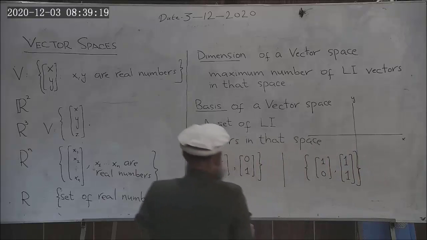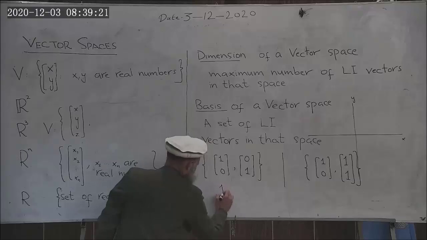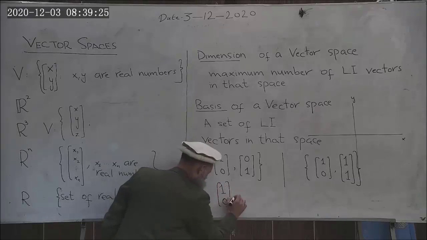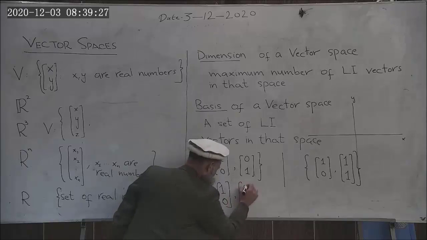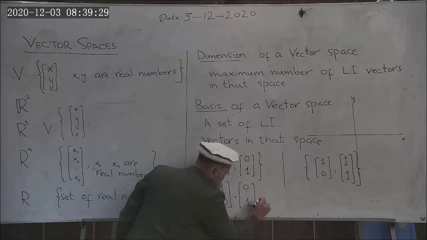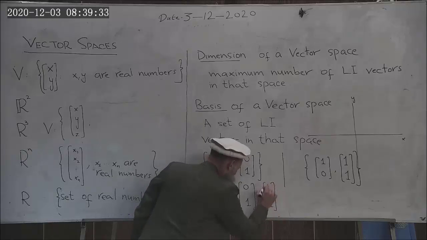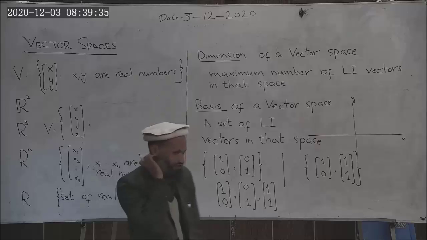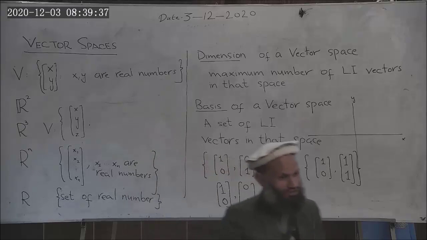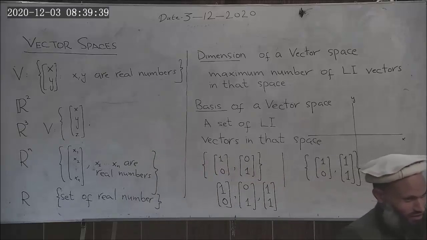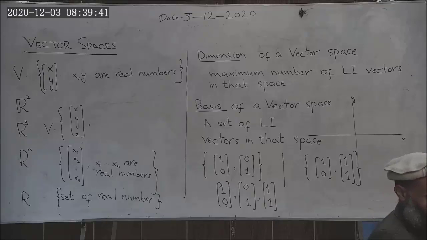So is this set of these 3 vectors, are these linearly independent? Are these 3 vectors linearly independent? No, these are not linearly independent. At the most, in this space, you can find 2 vectors which are linearly independent.